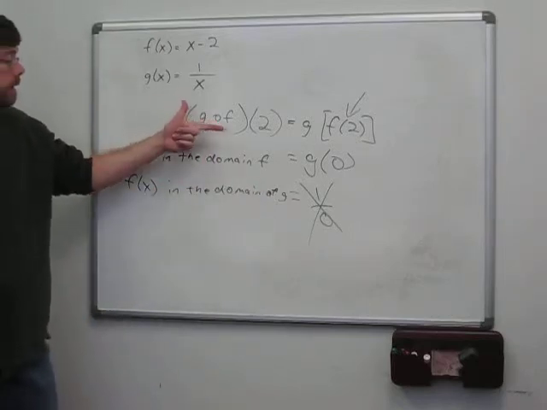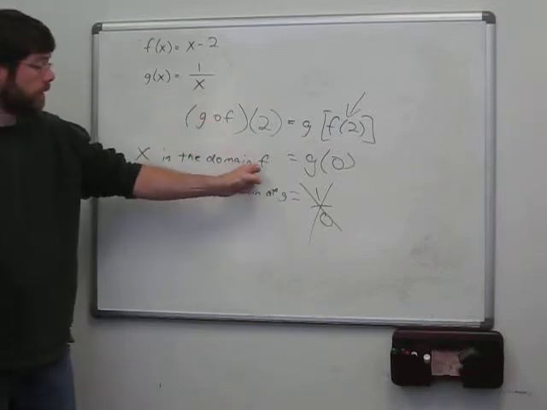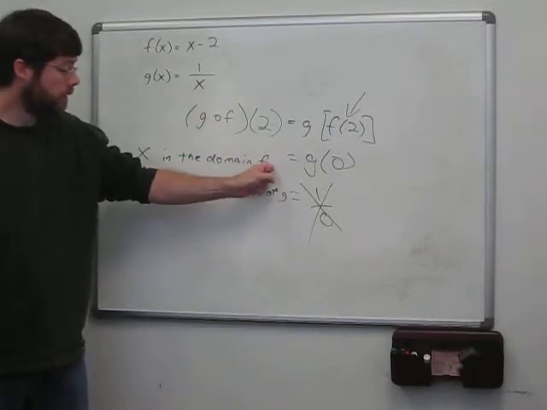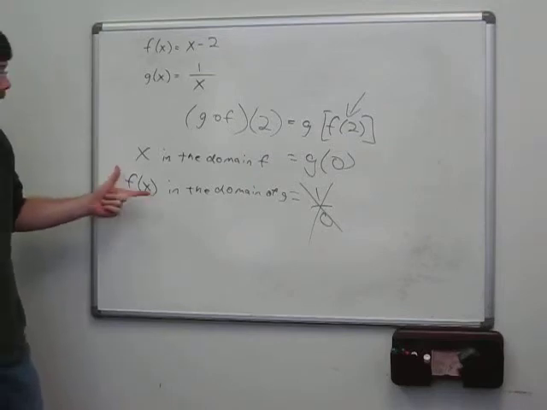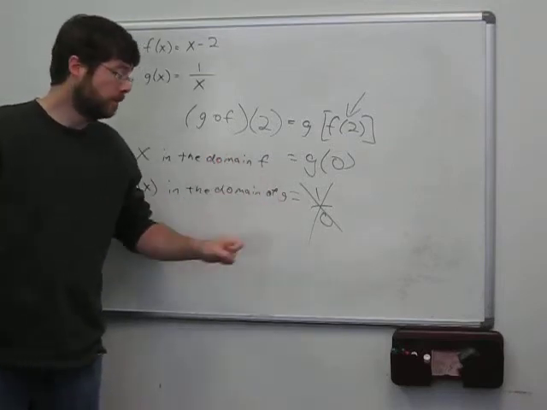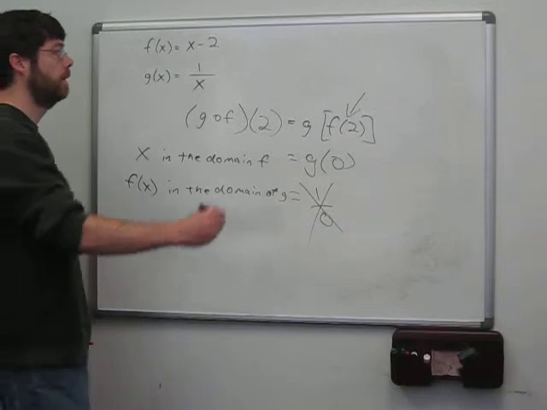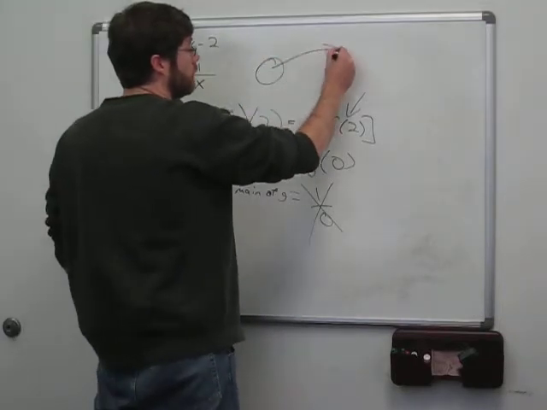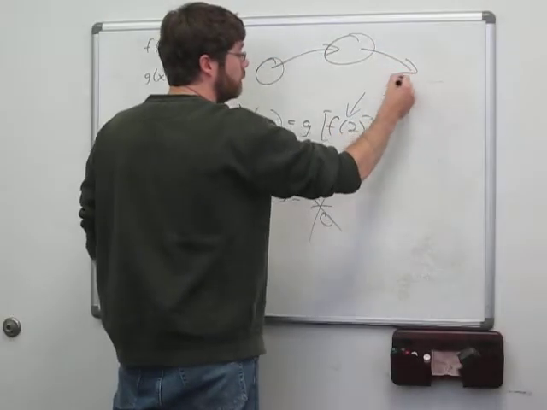In order for x to be in the domain of the composition, it must be in the domain of the first function, and the image has to be in the domain of the second function, right? Again, just think of the universal picture for composition.